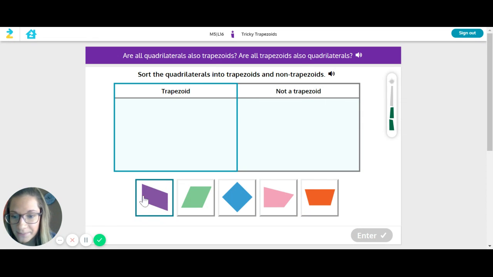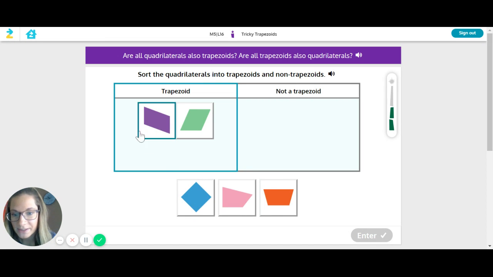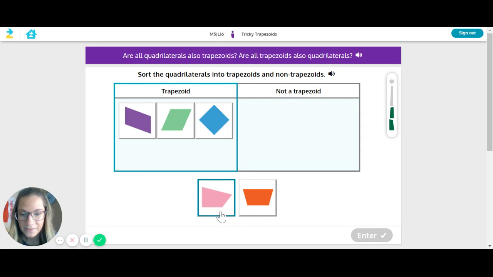All right, this one right here, it has four sides, and these sides are parallel, and so is this side. So I'm going to put that in trapezoid. Four sides, these are parallel, and so is the top and bottom, trapezoid. Okay, four sides, we have parallel sides for the top and the bottom, trapezoid.